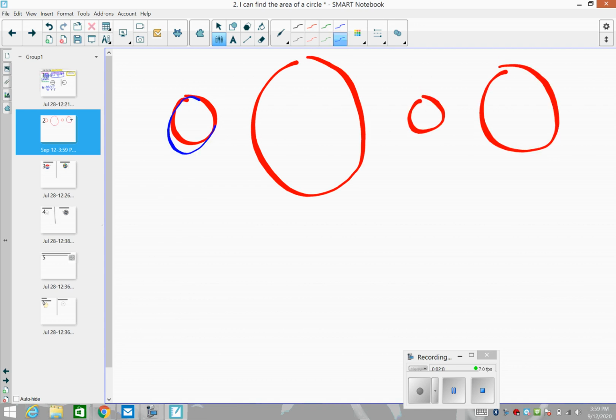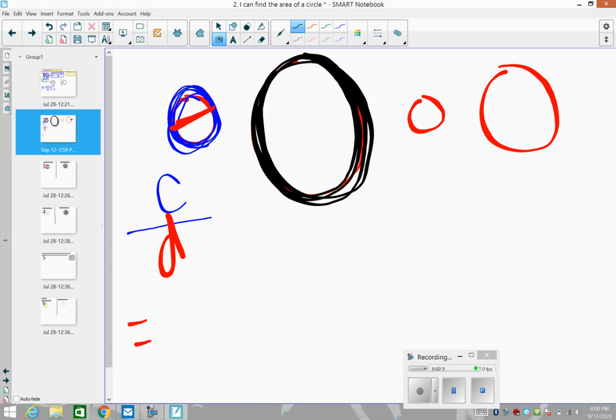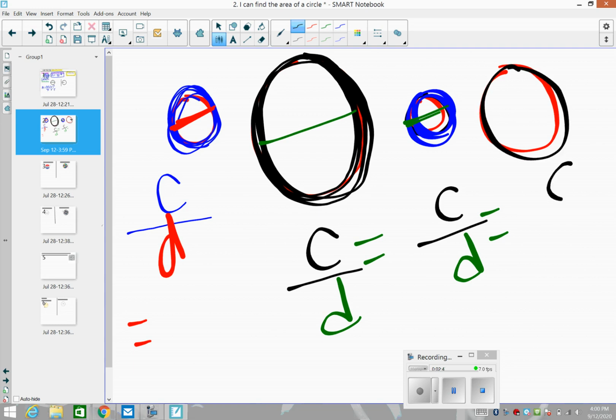And what they realized is if you took the distance around the circle, which we think of as perimeter, but we can all call that circumference, and you divide it by the distance across the circle, which we call the diameter, on any size circle, whether it's a circular swimming pool, a penny, or a coffee can, it doesn't matter, the distance around, called circumference, divided by the distance across, called diameter.